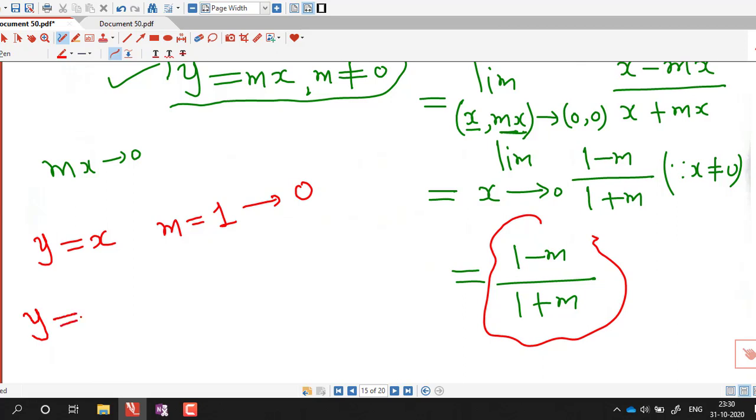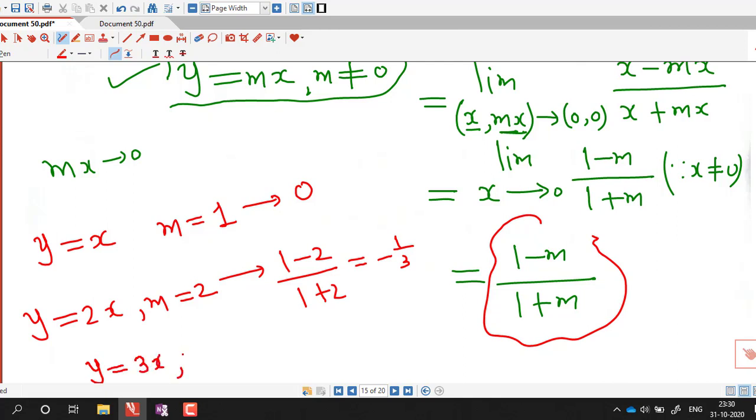If we consider this line y equal to 2x, we have m equal to 2. So along this line, limit will be 1 minus 2 upon 1 plus 2, that is minus 1 by 3. If we take y equal to 3x, then we have to substitute m equal to 3. So it is going to be 1 minus 3 over 4, that is minus 2 by 4, which is minus 1 by 2.